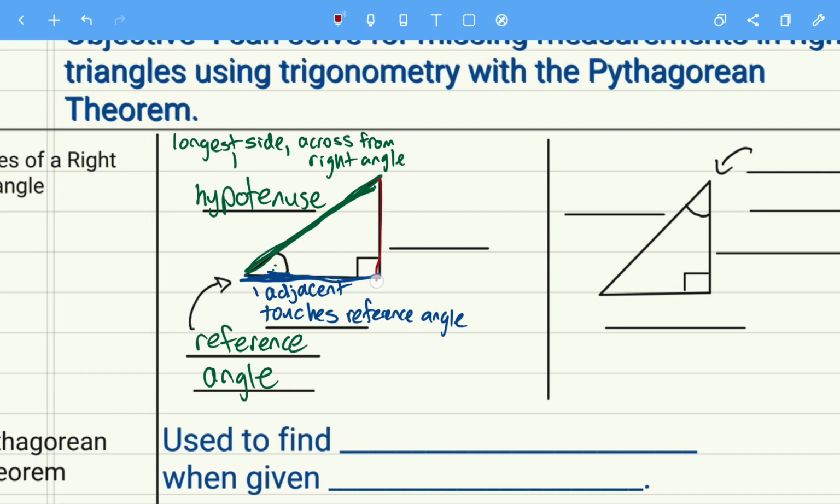Our last side is this opposite side right here. It is across from the reference angle. So the reference angle is right here, going across, that gives us our opposite.